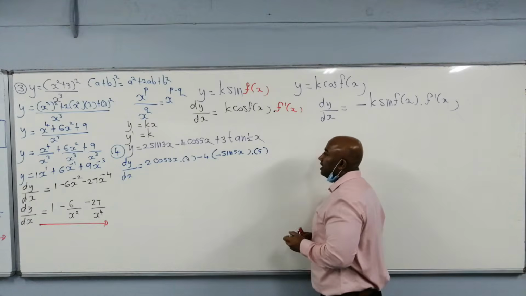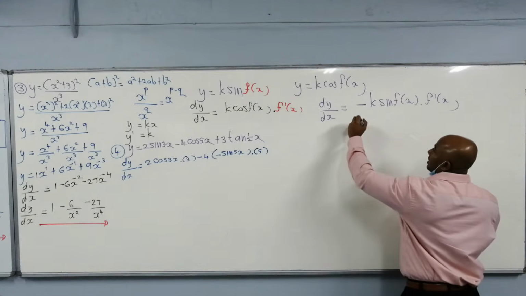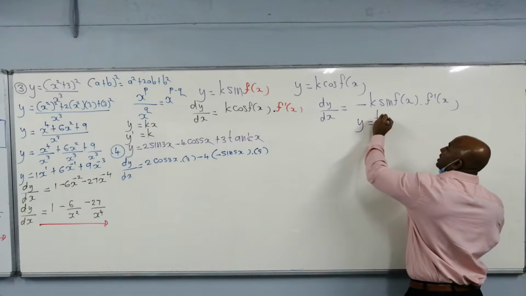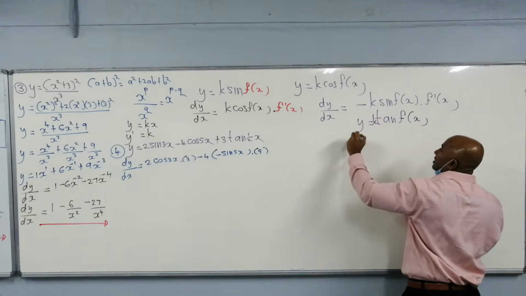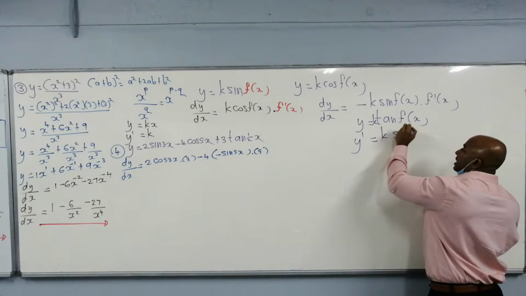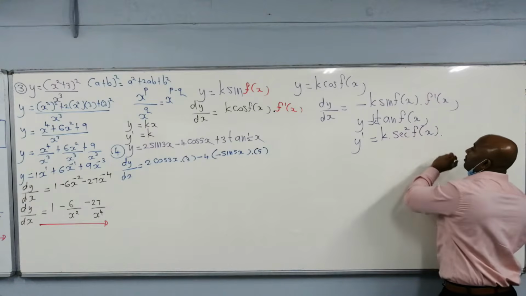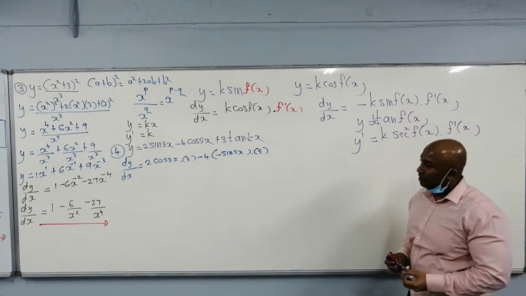Now term 3 is tan. So let me just rewrite tan for you there. If I've got y is equal to tan f of x, then the derivative of tan is going to be sec squared f of x times f prime x.